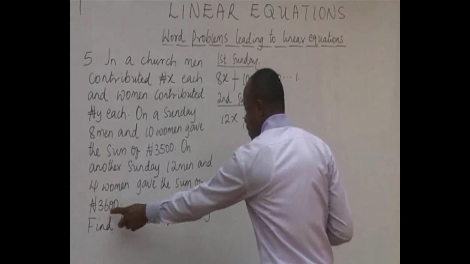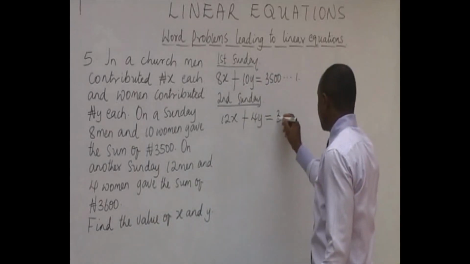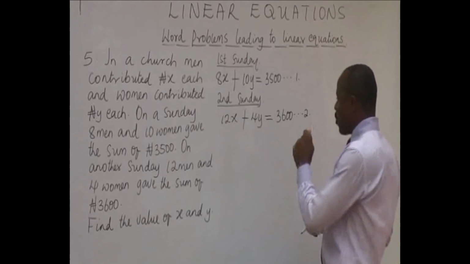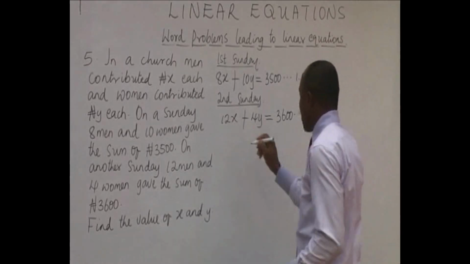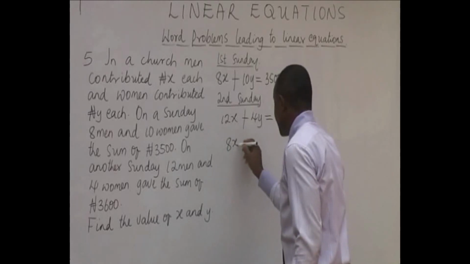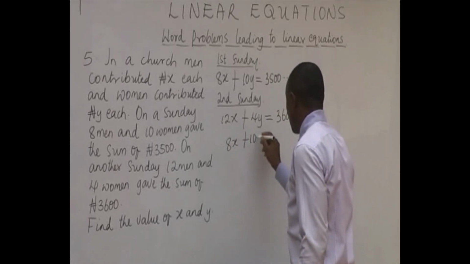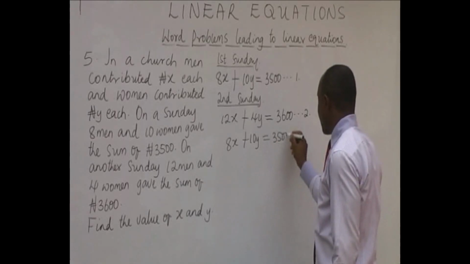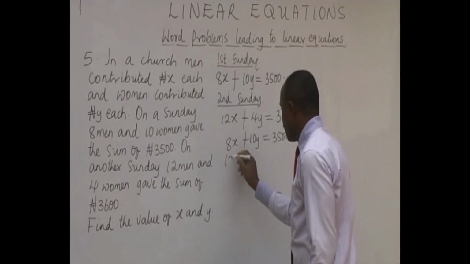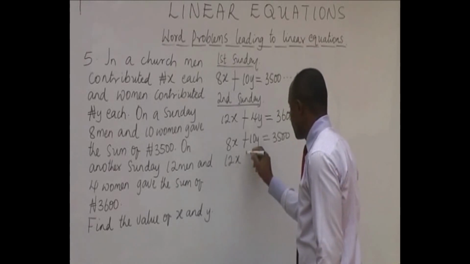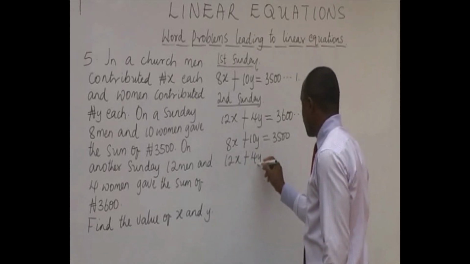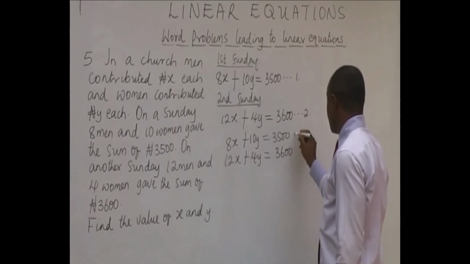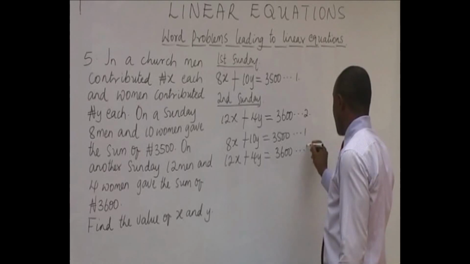They gave the total sum of 3,600. So this is our equation 2. So the 2 equations we have now are 8x plus 10y is equal to 3,500. Second, 12x plus 4y is equal to 3,600. This is equation 1 and this is equation 2.